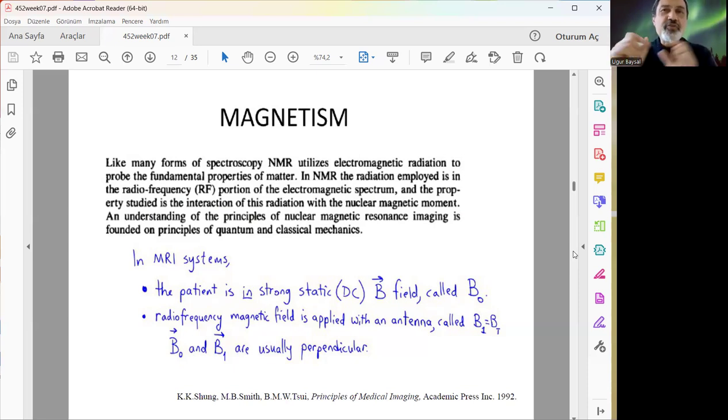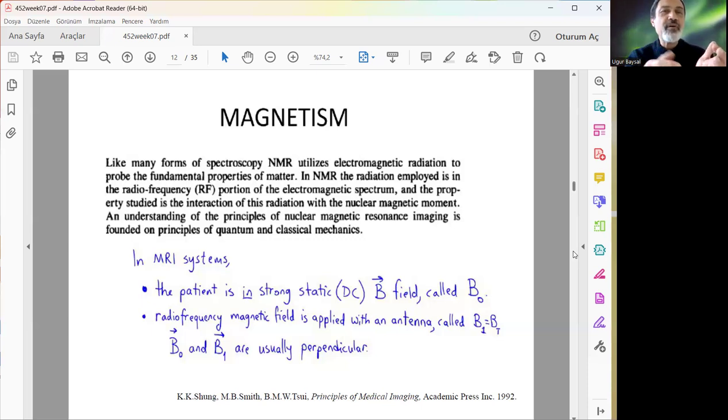Spectroscopy is a branch of NMR showing the chemical structure or surrounding properties of the tissues, which can also be used in MRI, medical imaging topics, but had formerly been used in chemical analysis applications.